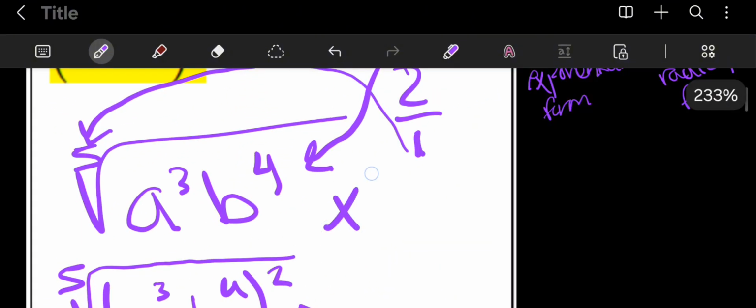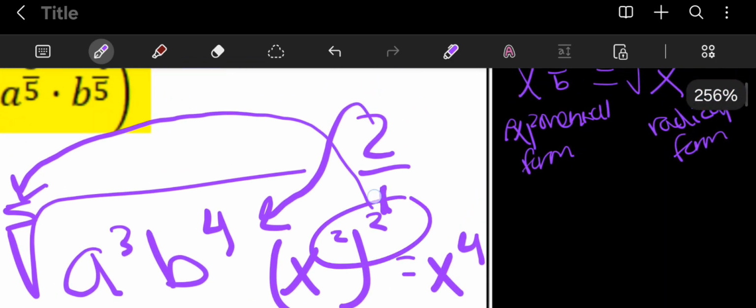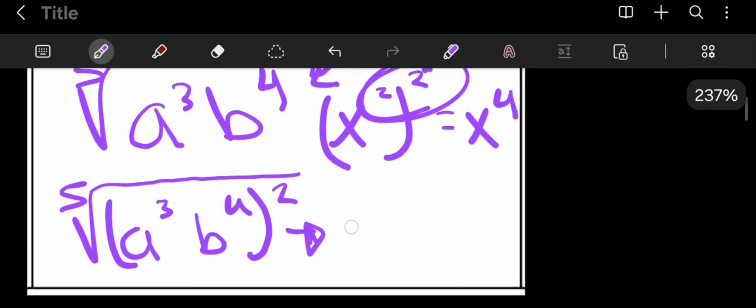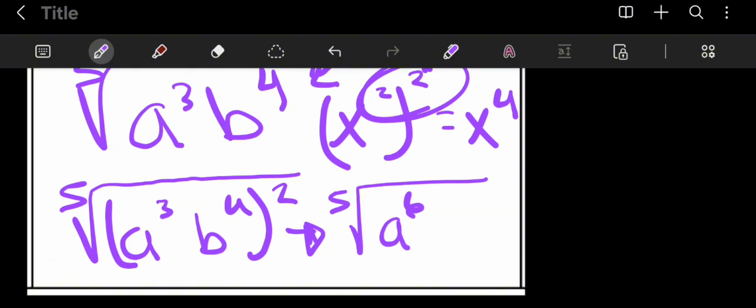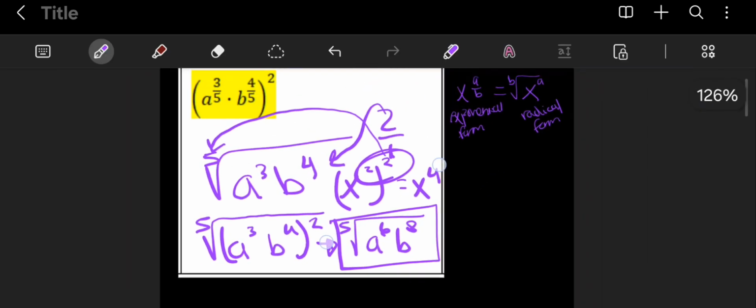So for example, if we have x squared to the power of 2, it's just going to be x to the 4th. We multiply these exponents, so it's going to be the 5th root of a to the 6th times b to the 8th. There we go. That is the final answer for this one.